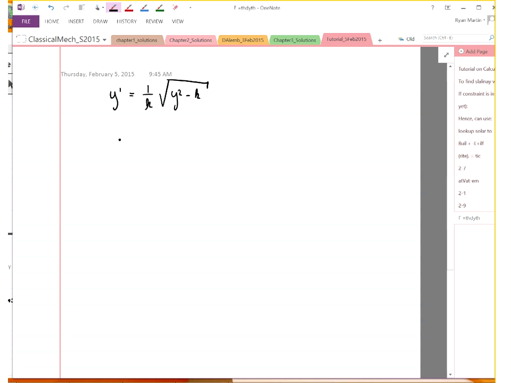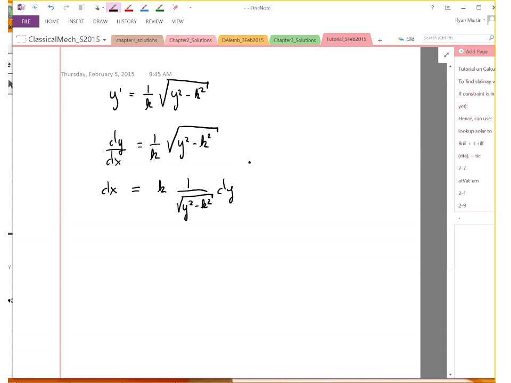That's the same as saying dy by dx equals 1 over k square root of y squared minus k squared. So that's like saying dx equals k times 1 over square root of y squared minus k squared dy.